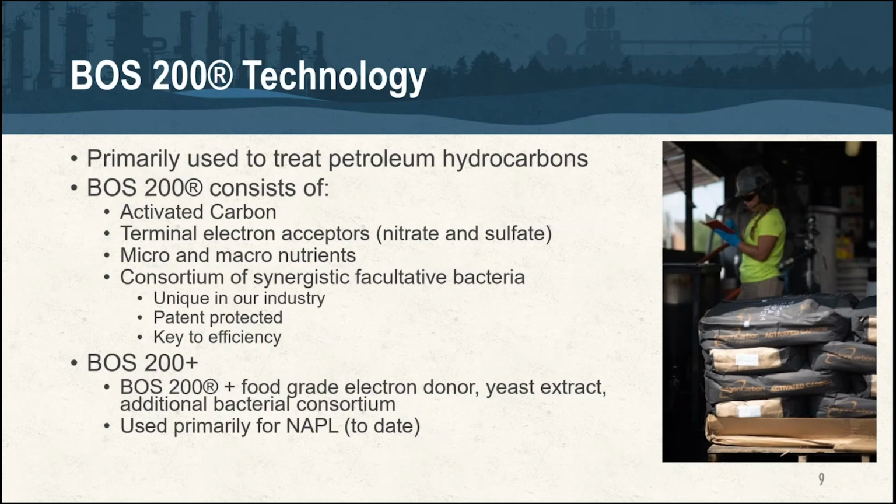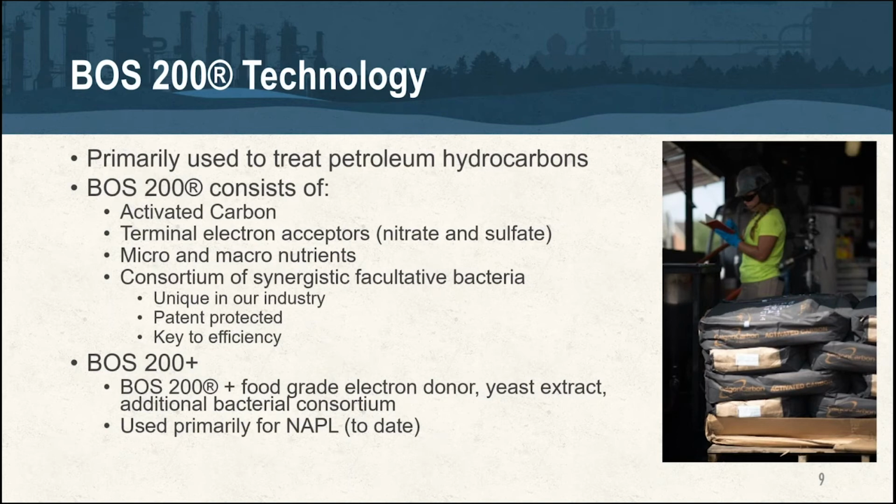So first off, you have to make sure you have the right bacteria, and secondly, it's going to take time for that to happen. Before that happens, you're just relying on sorption, which obviously is not something that any of us are going to want to promote, because we want to make sure that we're applying a technology that's got a treatment mechanism built in with it from day one.